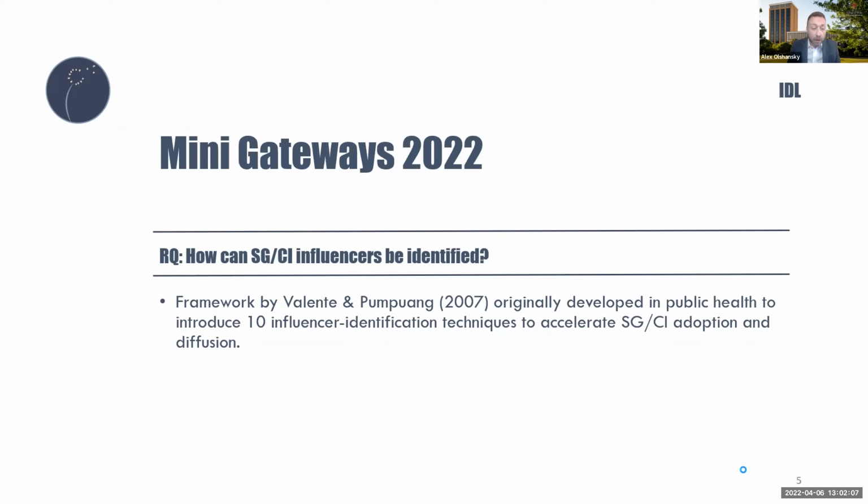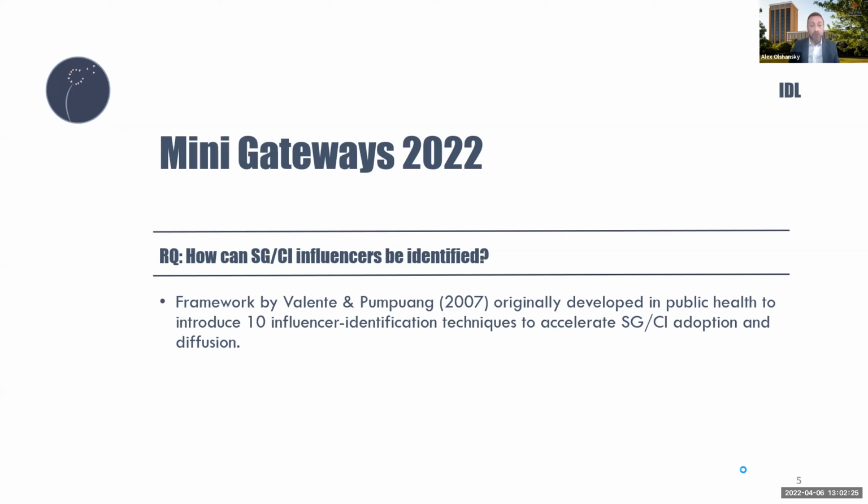And so here we are extending this work based on feedback from the previous Gateways 2021 and offer an additional research question of how can science gateways and CI influencers be identified?